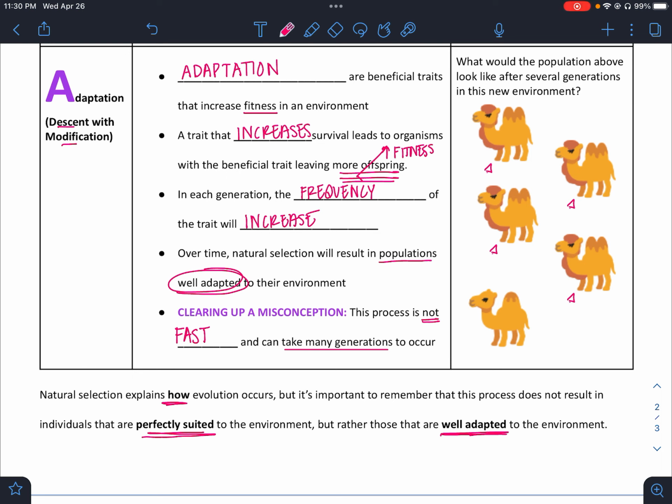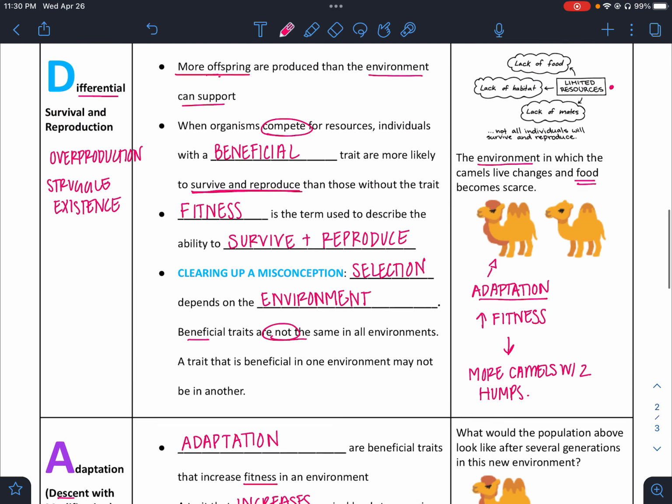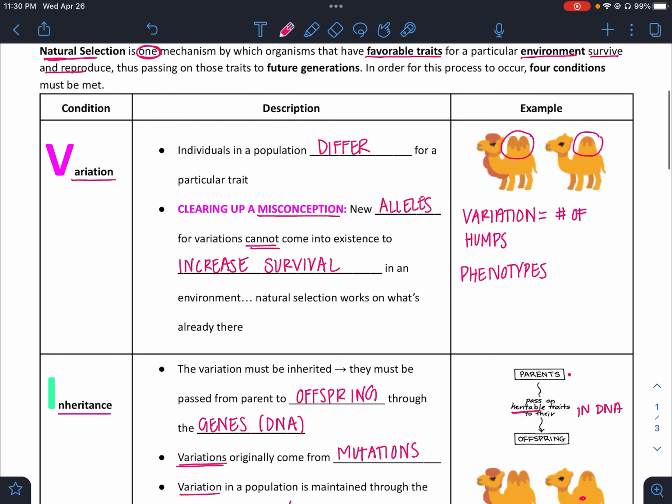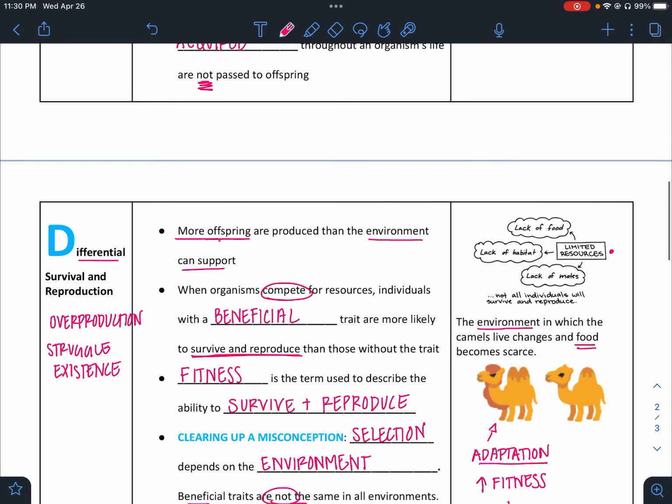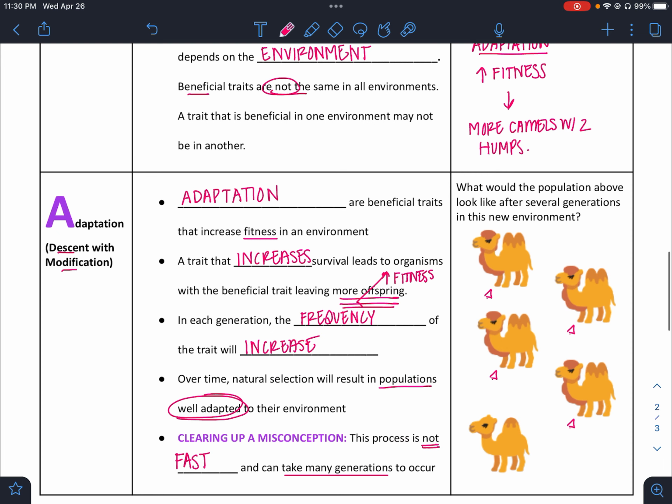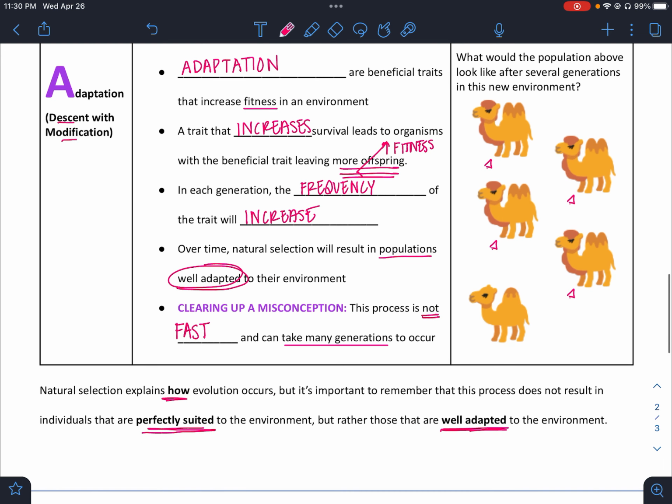Okay, now I want you to think about how does this apply to our sickle cell anemia as a disease? And I do want you to think about, can you identify the V, the I, the D, and the A in our sickle cell anemia example to describe how that population is changing over time?